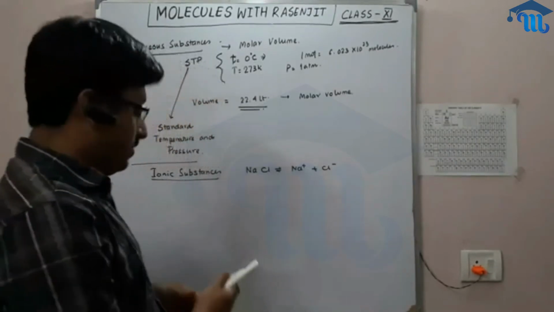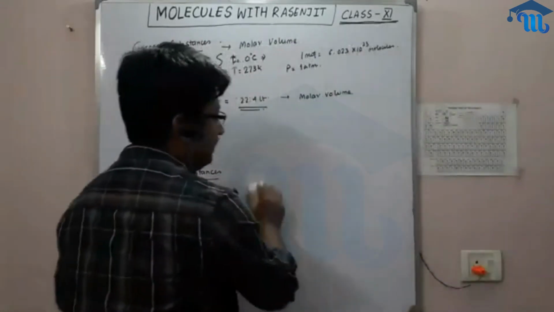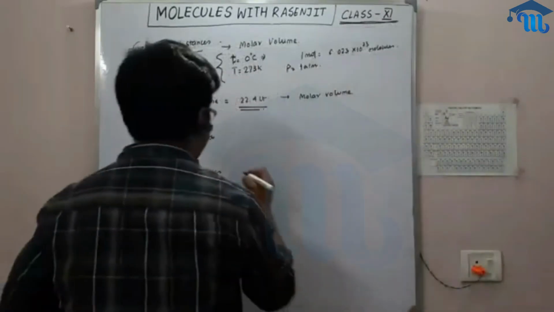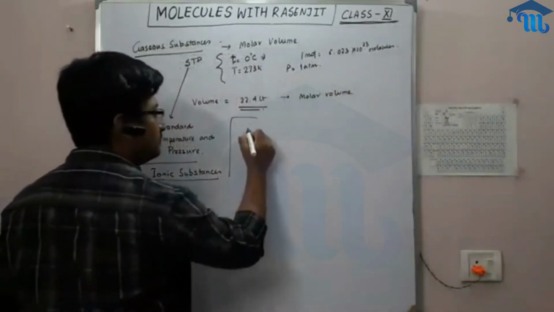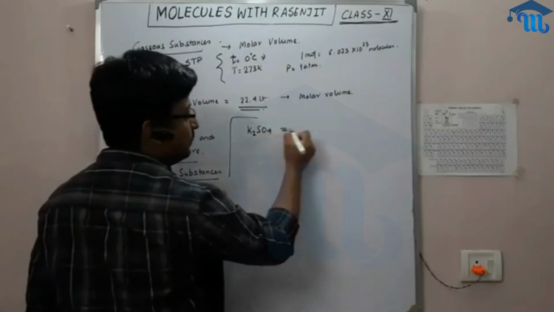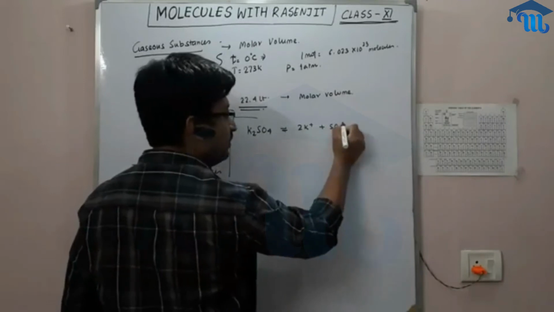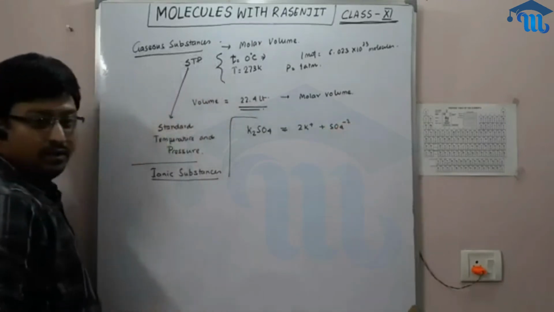Okay. Now, if I talk about another ionic compound, let's say potassium sulfate, K2SO4. It gives 2K+ and SO4 2-, right?